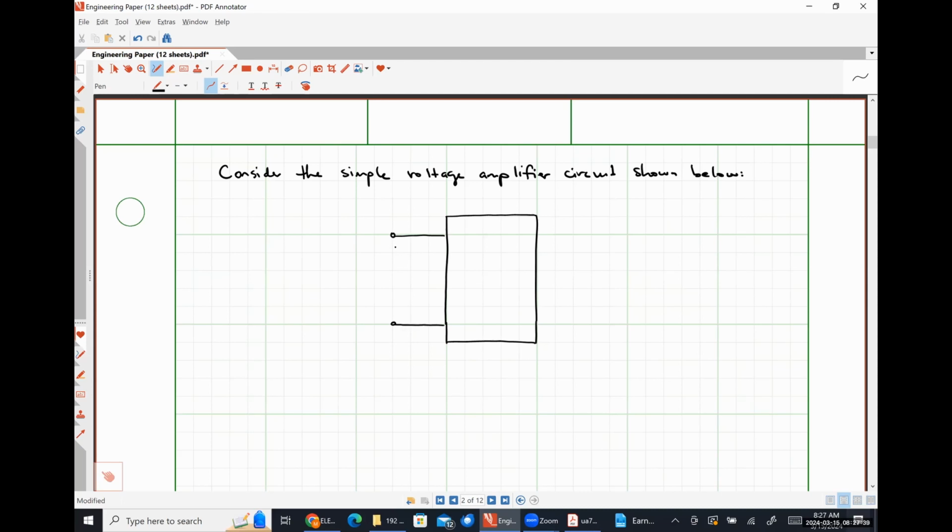Because it's a voltage amplifier, we are going to have some input voltage signal. Let's just say that it's a time varying signal for the sake of argument here. And over here on the right-hand side, we will have our output signal.